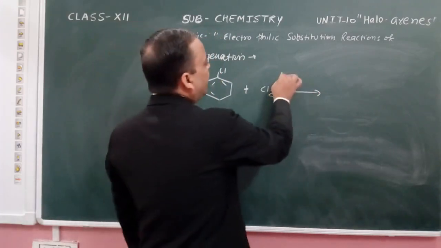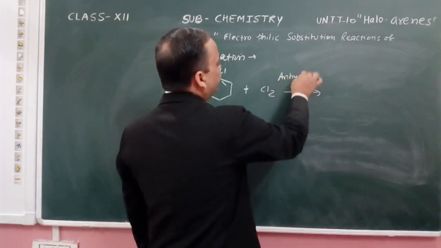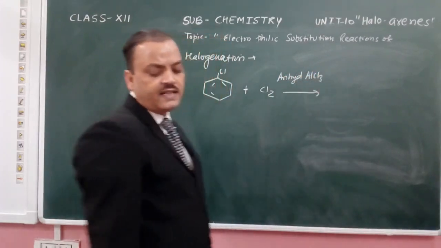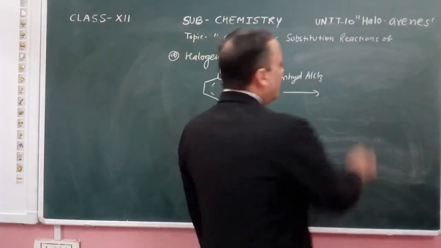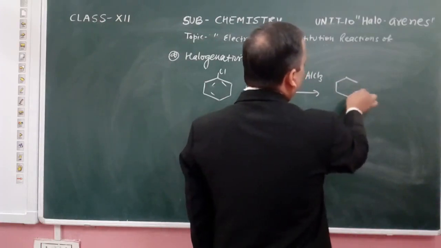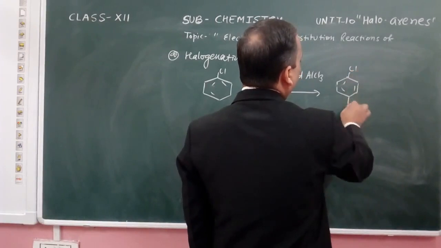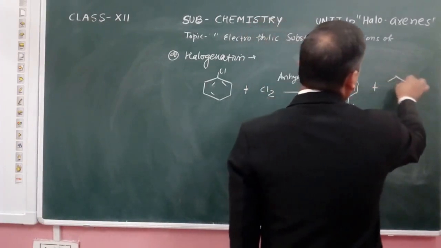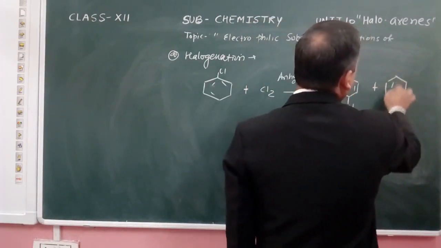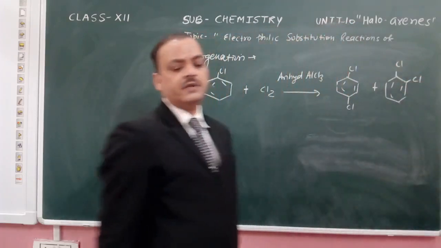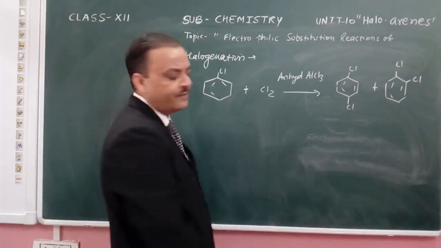This reaction happens in the presence of anhydrous aluminium chloride, AlCl3. So the product we get is through the addition of chlorine atoms on the ortho and para positions of the chlorobenzene.